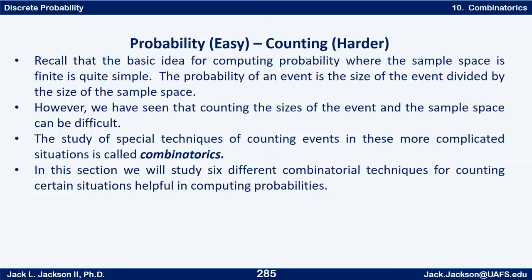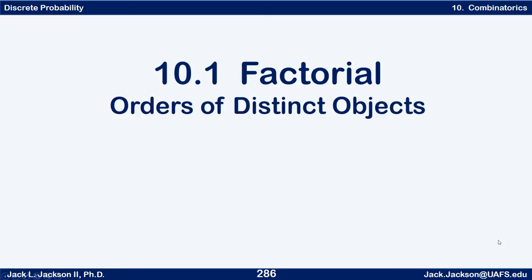In fact, we're going to look at 6 different combinatorial techniques that are helpful in 6 types of situations. The first one, which this video is about, is the factorial. And this turns out to measure orders of distinct objects.